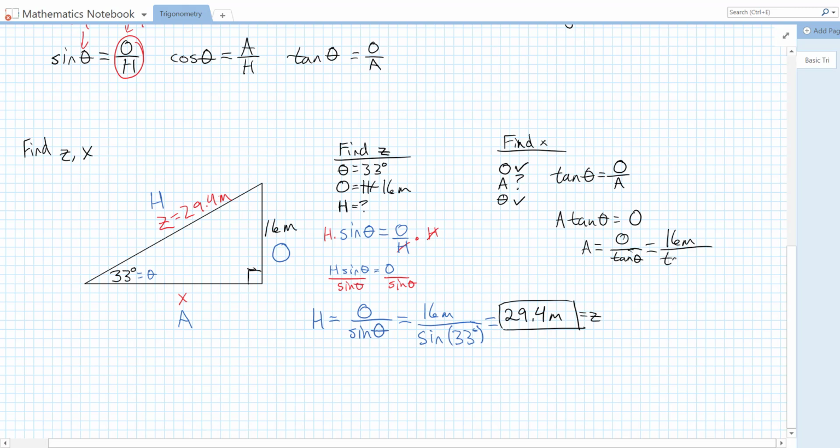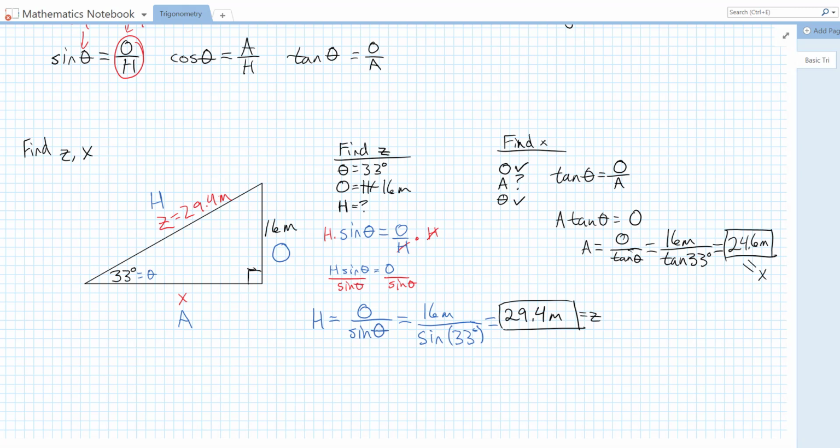And tan theta is going to be tangent of our angle theta, 33 degrees. Make sure we're in degree mode. Plug in our numbers. 16 divided by tangent of 33 is 24.6 meters. And that's equal to X, not Z.